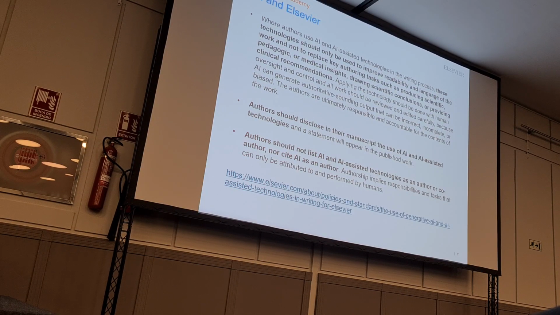So you can use it to help improve the readability of your work, but you do need to have human oversight over the process. You should disclose in your manuscript if you have used AI, like ChatGPT, or AI-assisted technologies. And as we said, they should not be listed as a co-author. And you also shouldn't cite AI as an author.